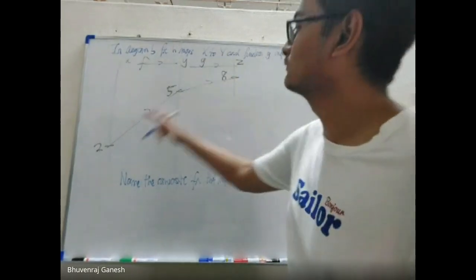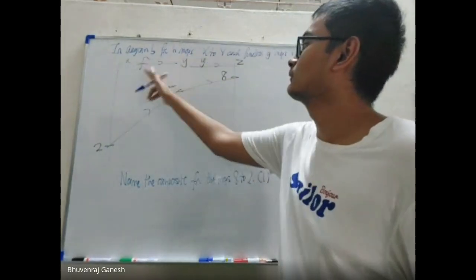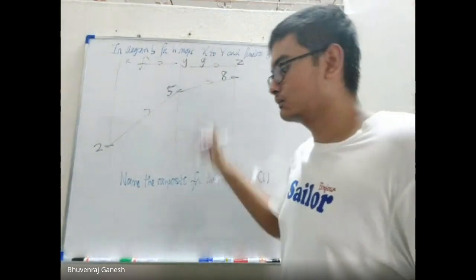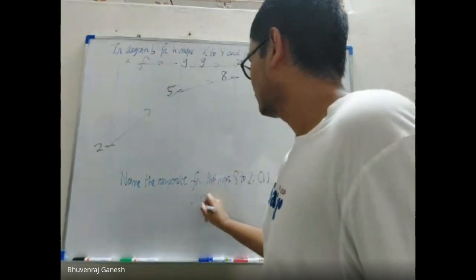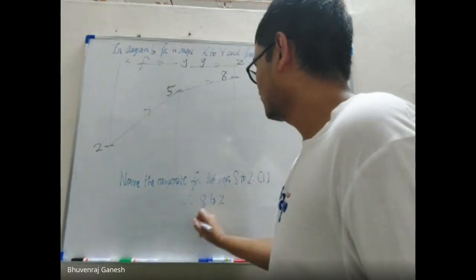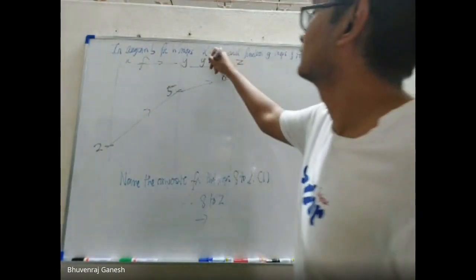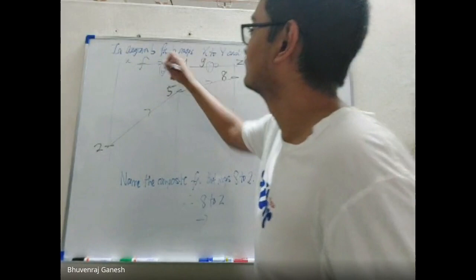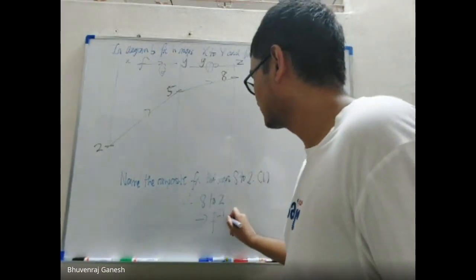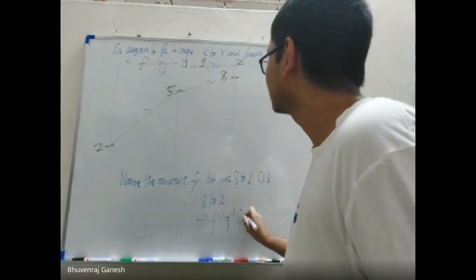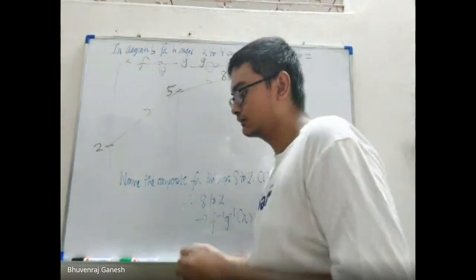So 8 to 2 means you are reversing this composite function. So you must know that 8 to 2, you will do g first. Then only you can go to f. So it will be f inverse, g inverse, x. You don't need to use z, you can use x.